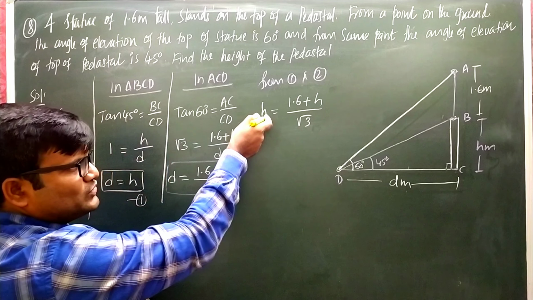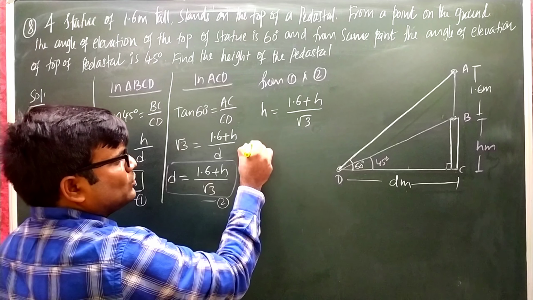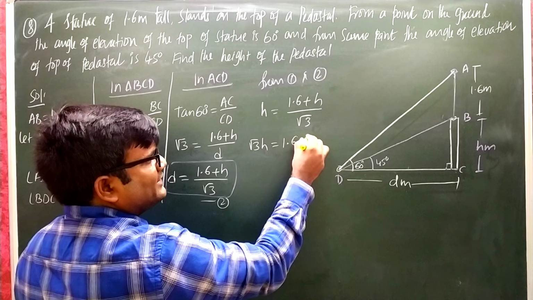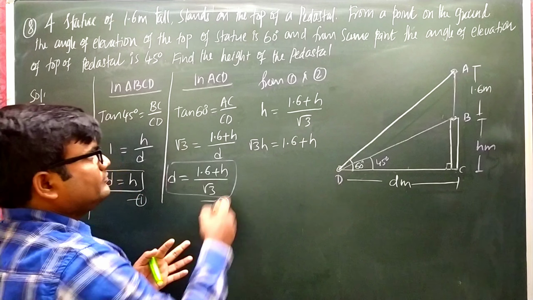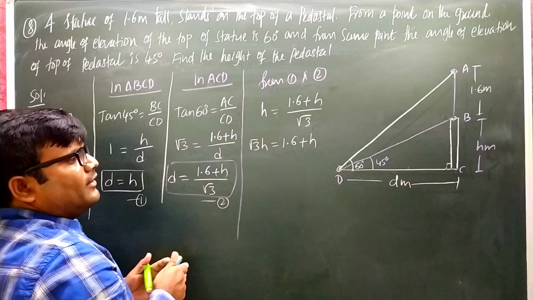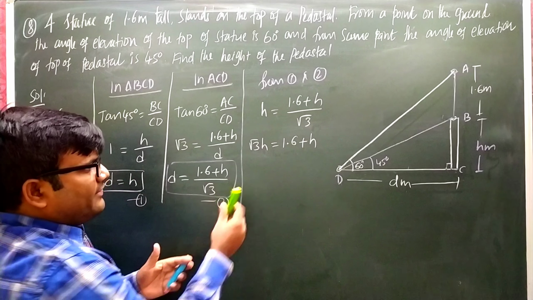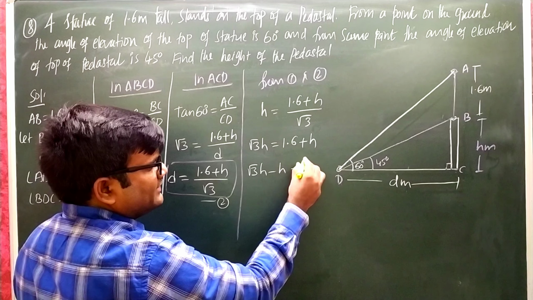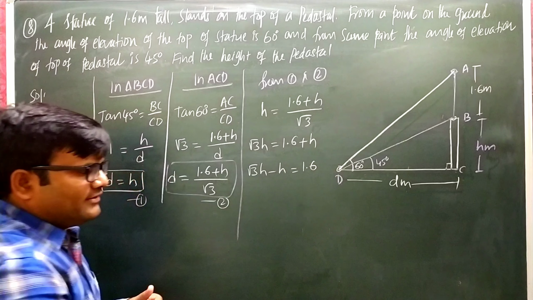So root 3 transpose to left, you will get root 3 h is equal to 1.6 plus h. H transpose to left side, we will get root 3 h minus h is equal to 1.6.